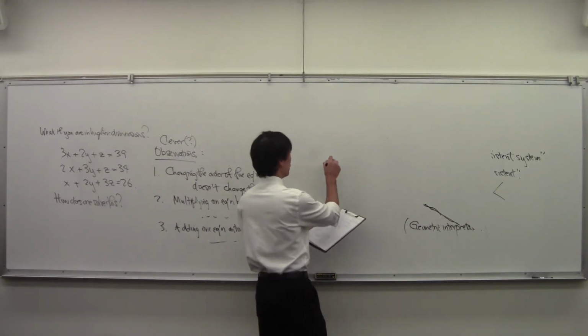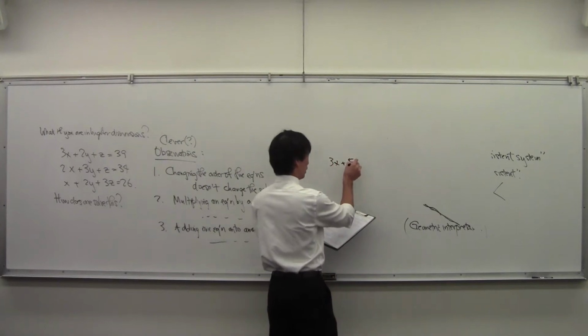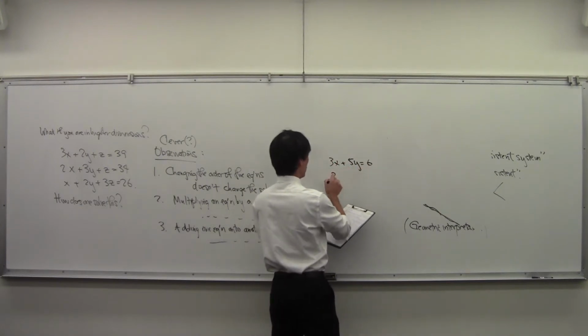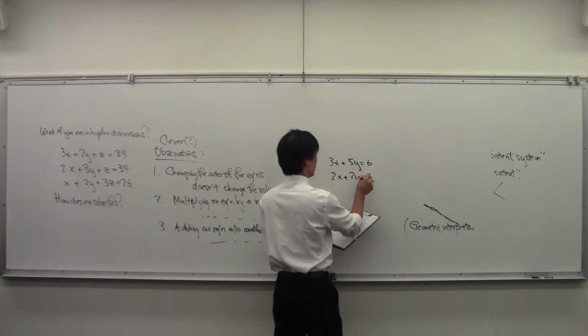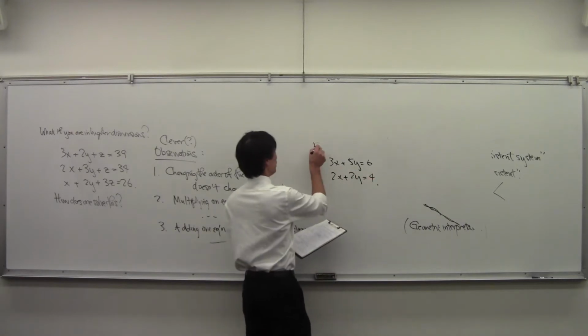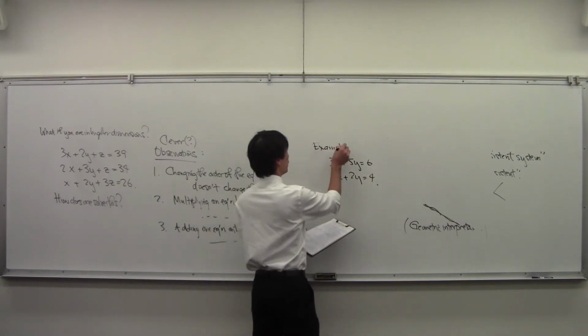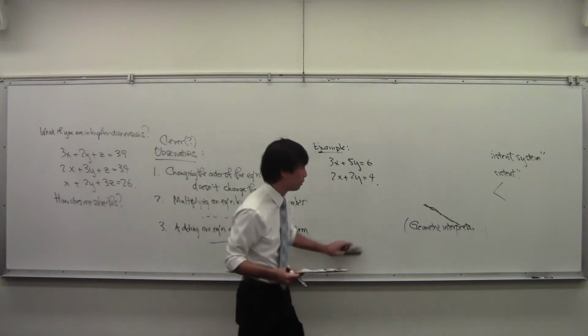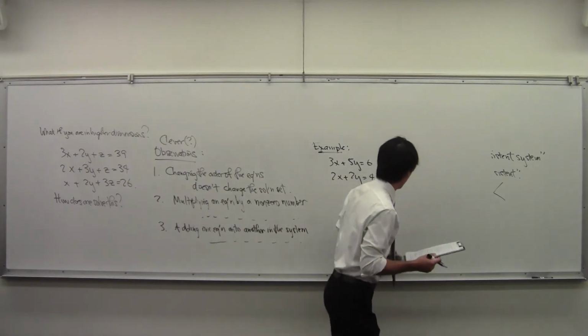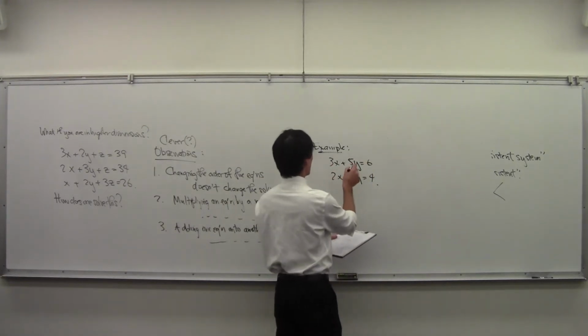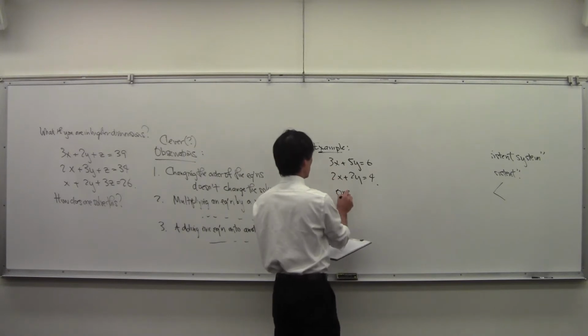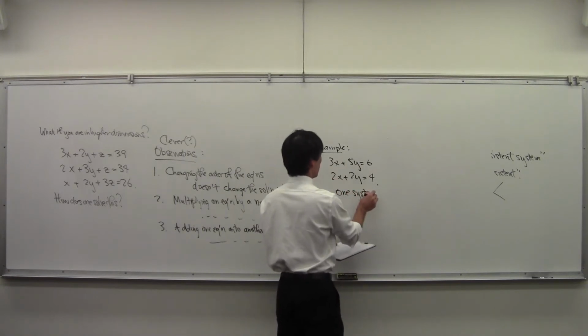So let's go back to just the simple one. 2x plus 2y equals 4. Just an example. So you've got these two equations. You've got one system of equations. Here's one system, right?